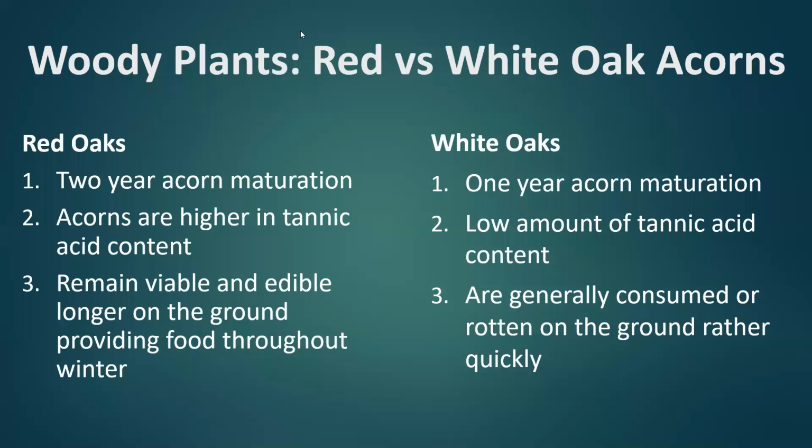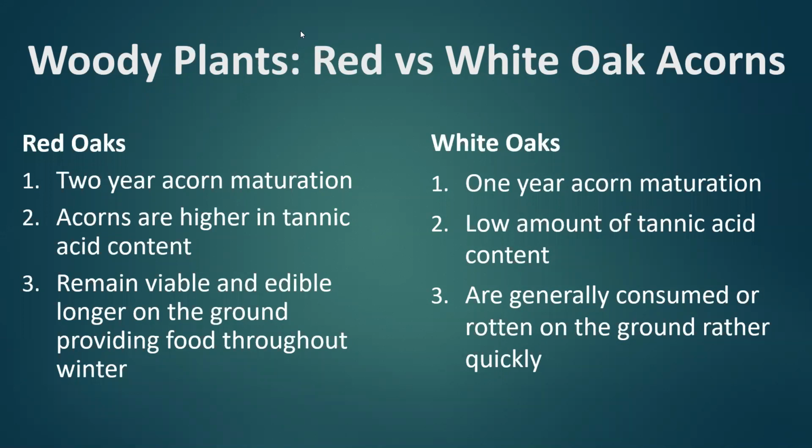Another really interesting thing to pay attention to is that the white oak acorns are the preferred, so they're going to get eaten up quicker. So that's going to lead to them not being as prominent on the landscape over time. What also happens, due to that lower tannic acid content, is that uneaten white oak acorns tend to decompose at a much faster rate than the red oaks.